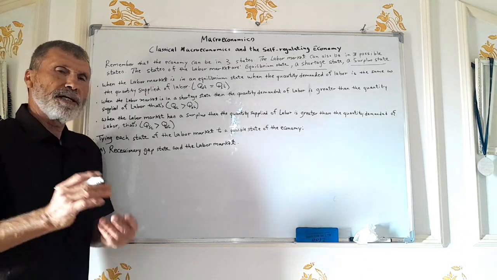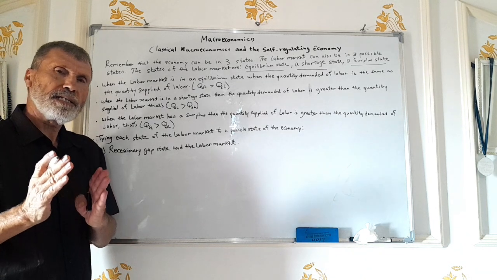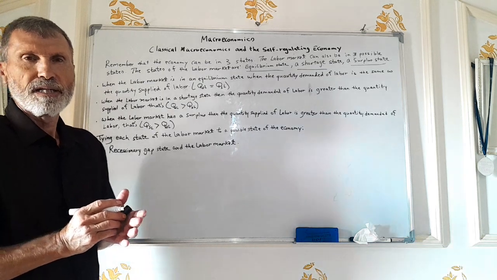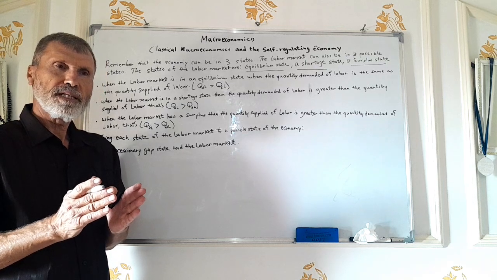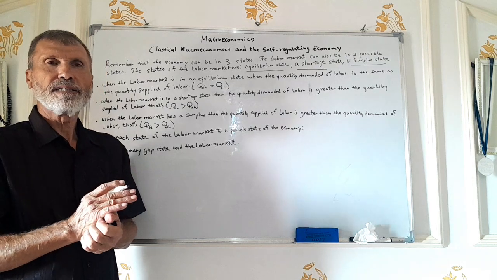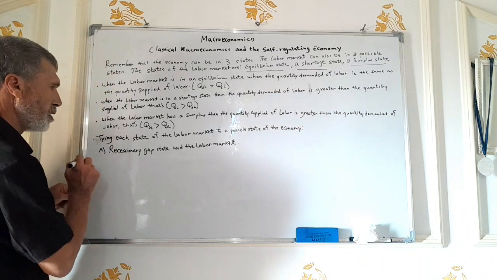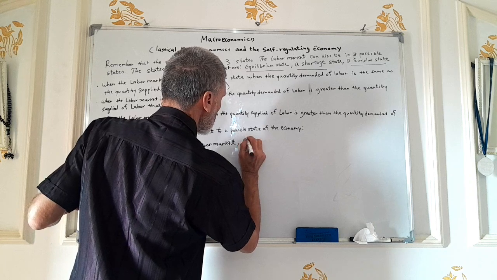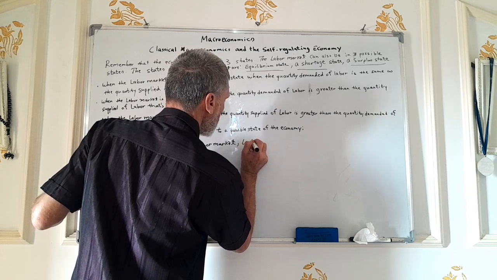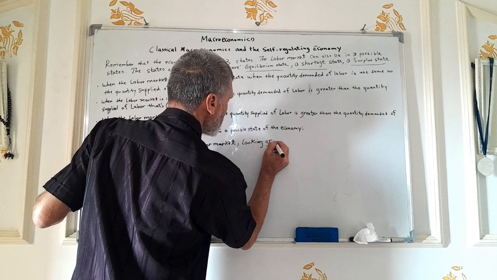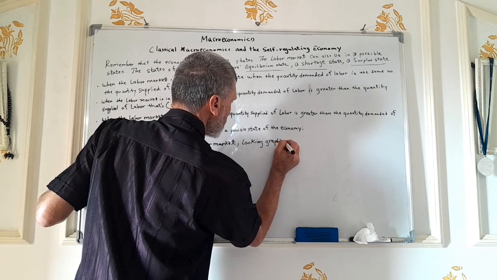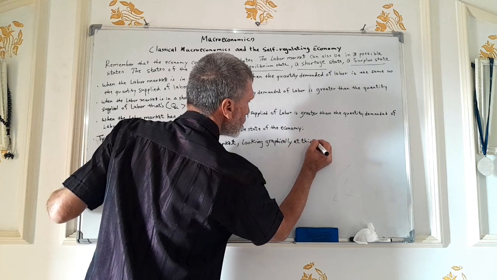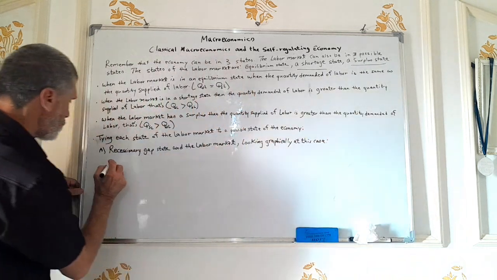Remember, an economy has a recessionary gap state when the real GDP produced in the economy is less than the natural GDP. So here, let's look graphically at the case.